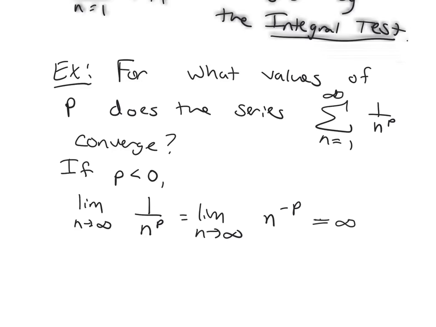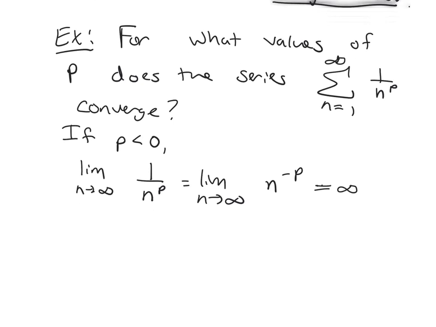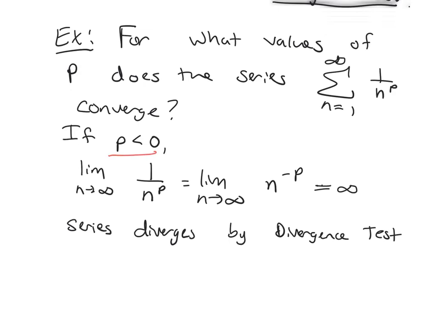So I now say that this series diverges by the divergence test. Okay? So if my power is negative, my answer was that it diverged. So I don't have to worry about negatives now.